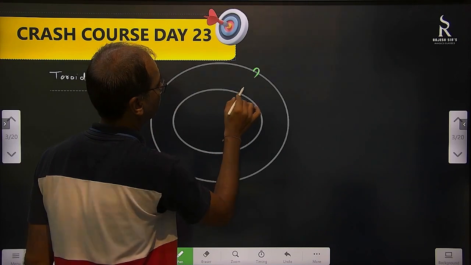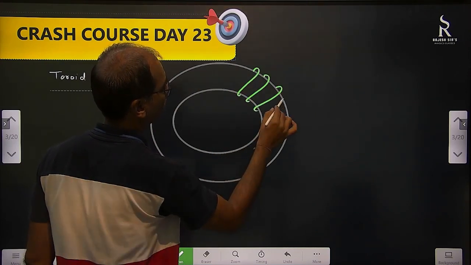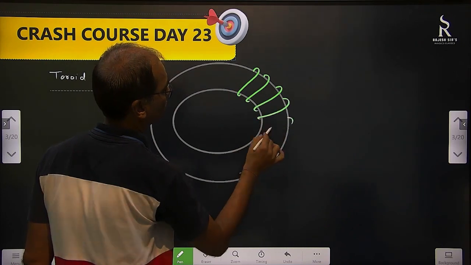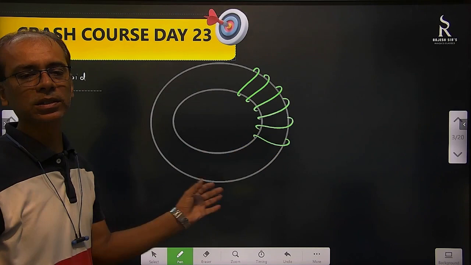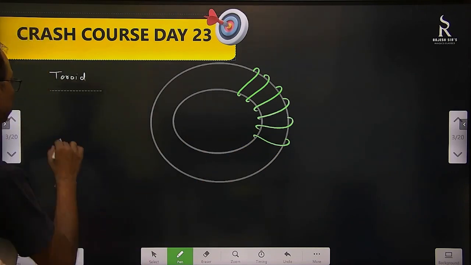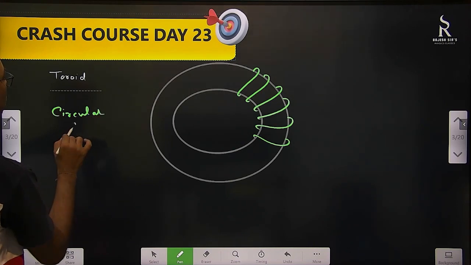I am not drawing that many, I am just showing you one or two. Like this, there are turns in it. So you can say it's basically a circular solenoid.